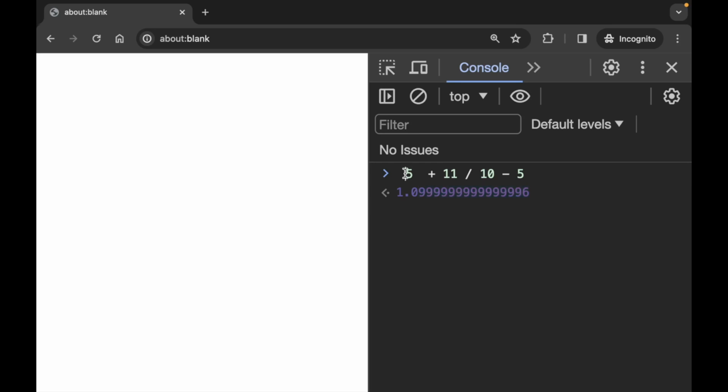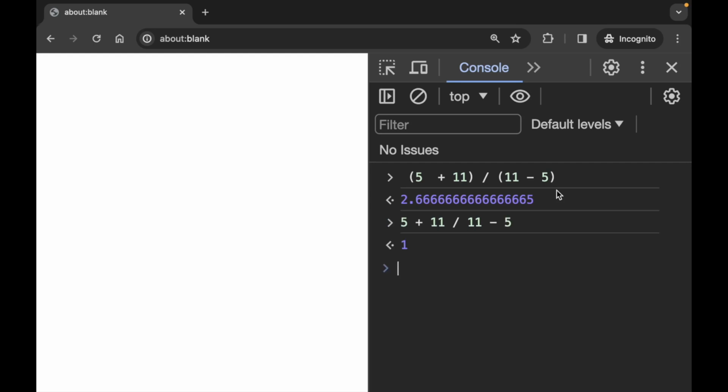It's also helpful if you put in parentheses in here. And notice that changes things up just a little bit. Notice this changes how things were before. So let me put this here, and let's do 5 plus 11 divided by 11 minus 5.